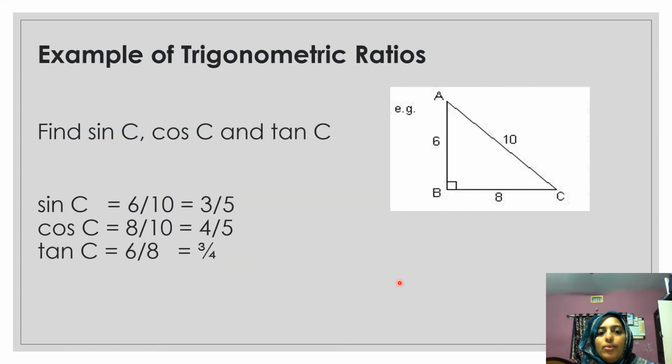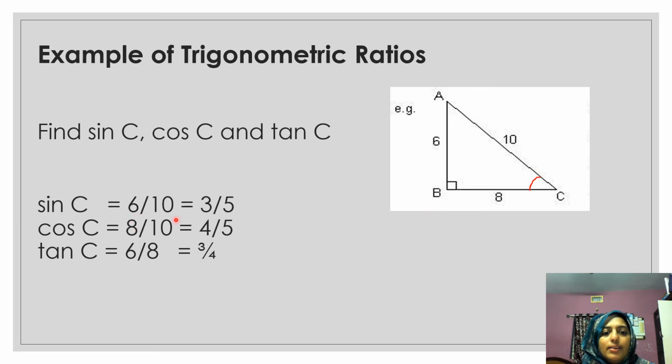Now we'll see a few examples to find the trigonometric ratios. First we have to find sine c, cos c and tangent c. So we are finding the ratios with respect to the angle c. Sine is the opposite by hypotenuse. The opposite of angle c is 6 and the hypotenuse is 10.